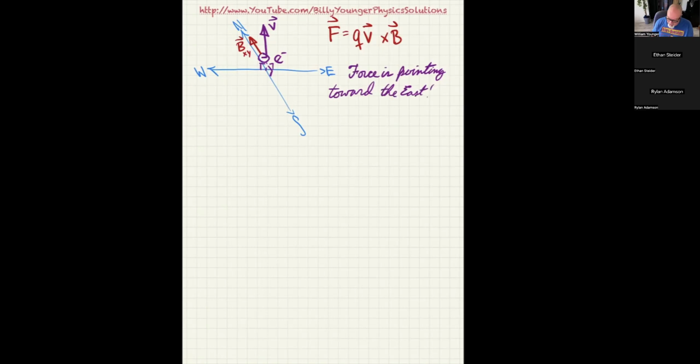Okay. So that's the kind of thing you need to do to make sure you can compute and figure out the directions of a force given a magnetic field.